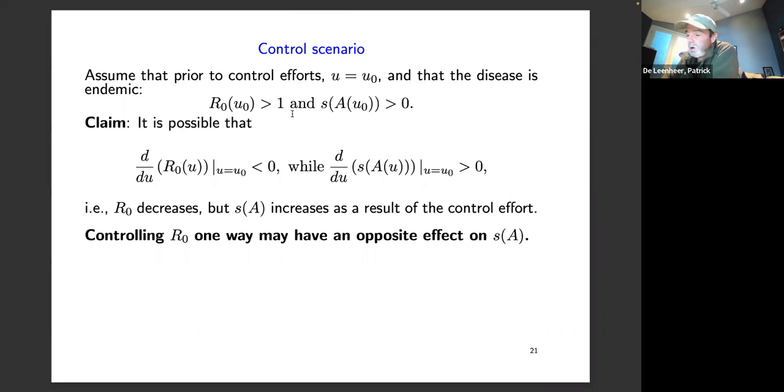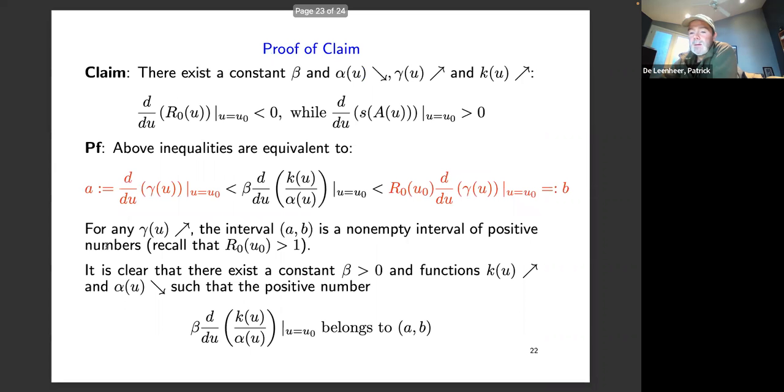What I want to show, and that's the last part here, is that it's possible that your control efforts could be such that you're decreasing the basic reproduction number, but you're increasing the spectral abscissa of the operator of interest, namely the operator A. The proof fits on the slide, so why not?